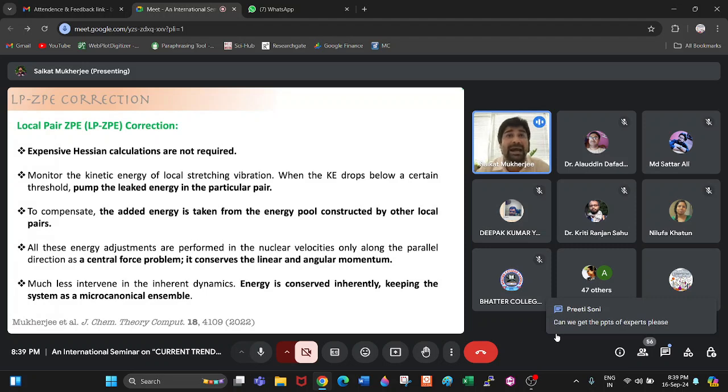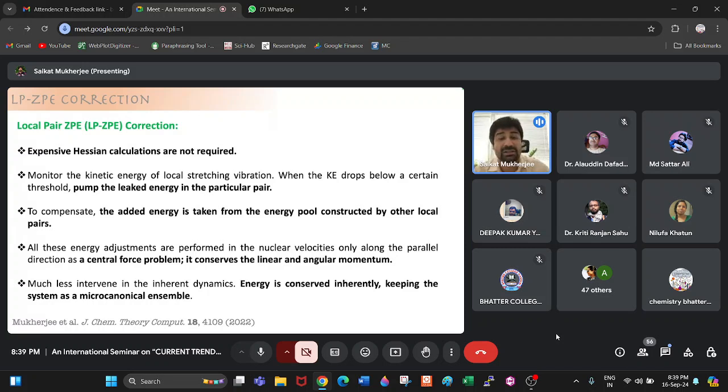Of course, I add the energy ad hoc, so I have to compensate, right? I have to take the extra added energy from the energy pool constructed by the other local pairs. So I am putting in an extra amount of energy and subtracting that exact energy from the other bonds.